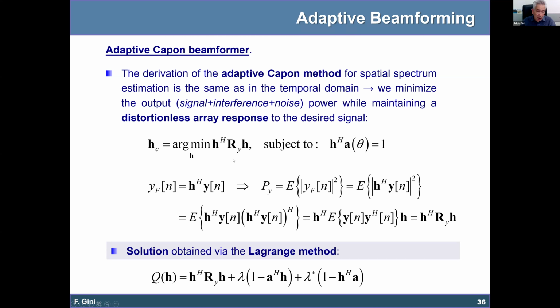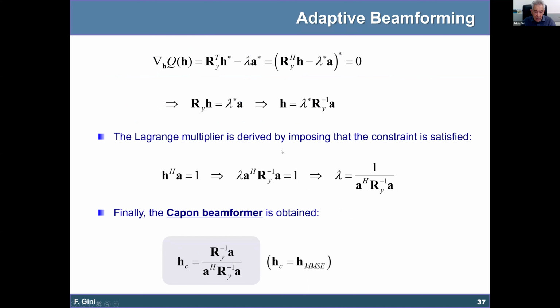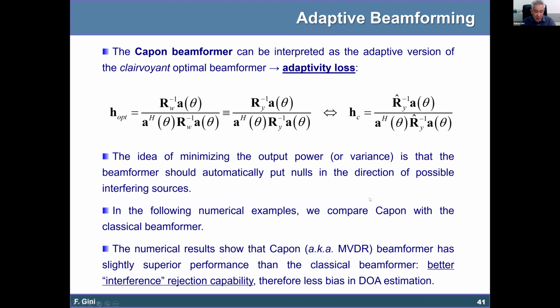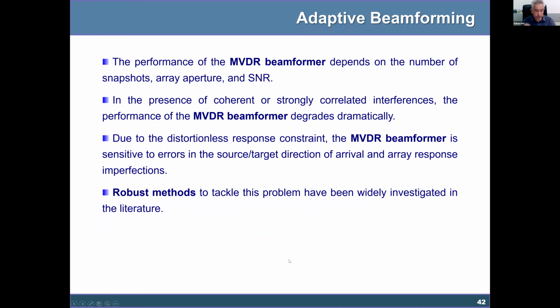So in other words, because you keep in the optimization the presence of Ry, the result is that the beamformer that you find attenuates more where it is more useful. And this is something that the classical beamformer, which is non-adaptive, does not do. But I want to make this clear from some numerical examples. Okay.